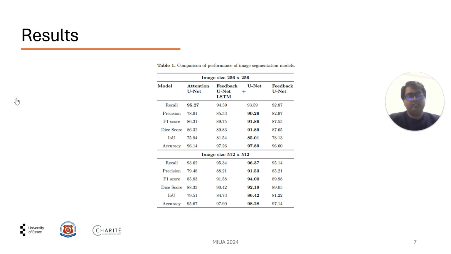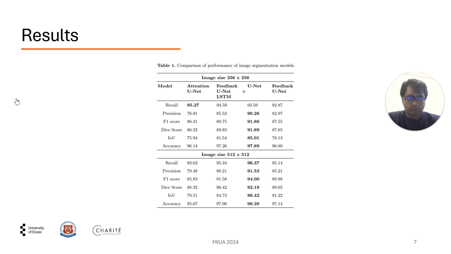With this pipeline, we compare different UNets and different image sizes. As you can see, the original UNet was performing very well compared to the attention UNet or feedback UNet. Maybe because the data size is very limited, and as these architectures are designed for large datasets, they are not performing very well on a small dataset.